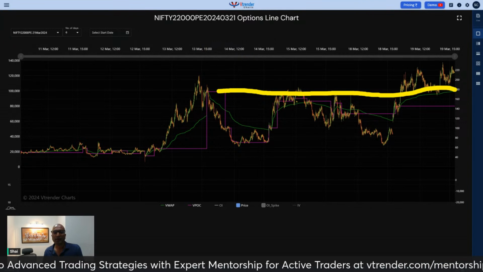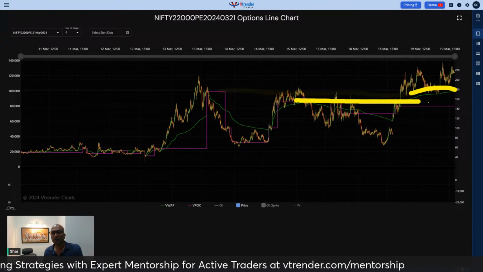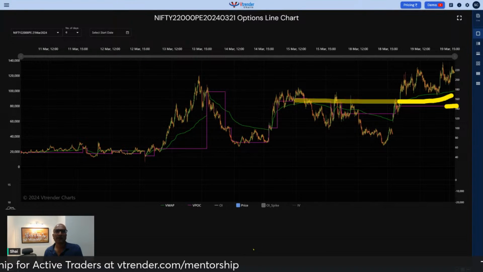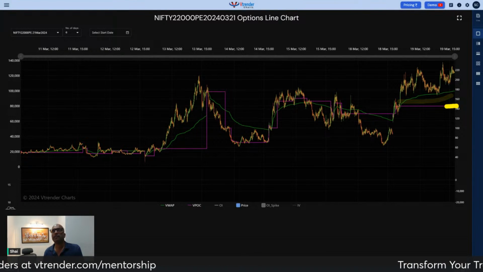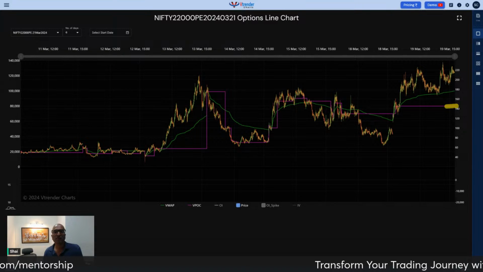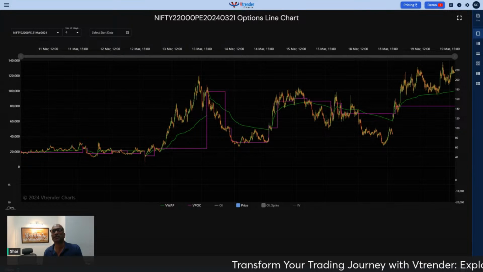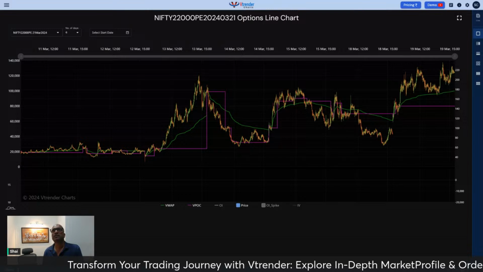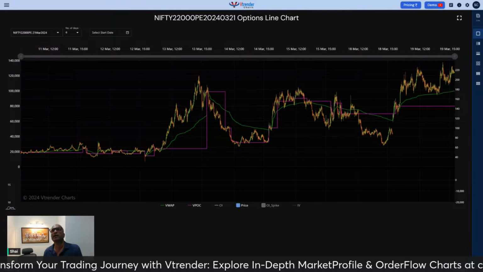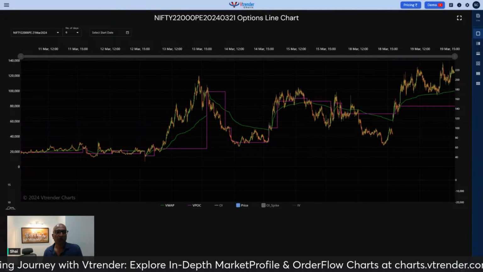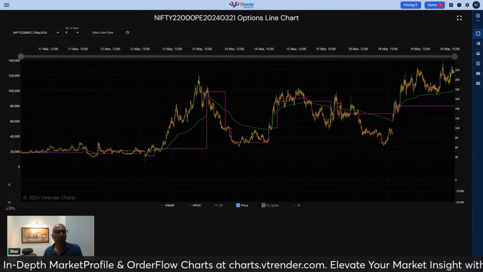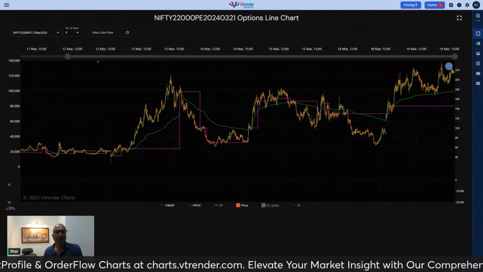And it came up to this level, around 160, and this VPOC level came up to 140. Now these are my most important reference lines in the market, and allow me to explain why I say so. If I want to zoom out or zoom in, I can do that.